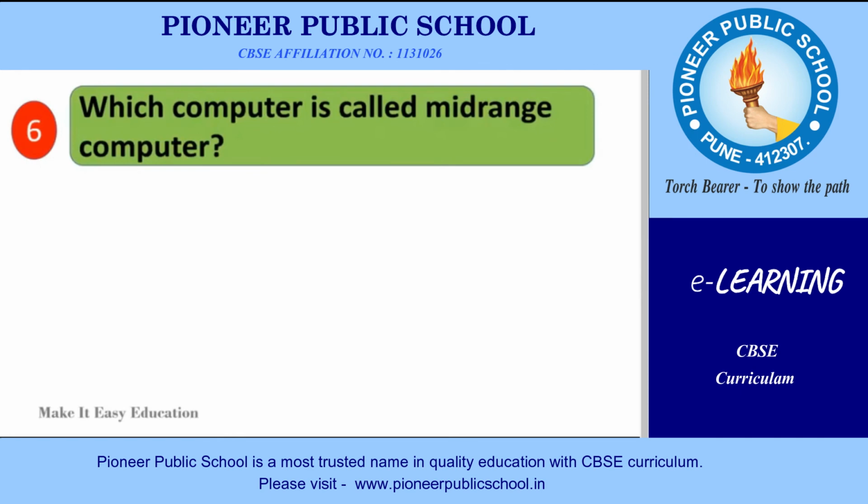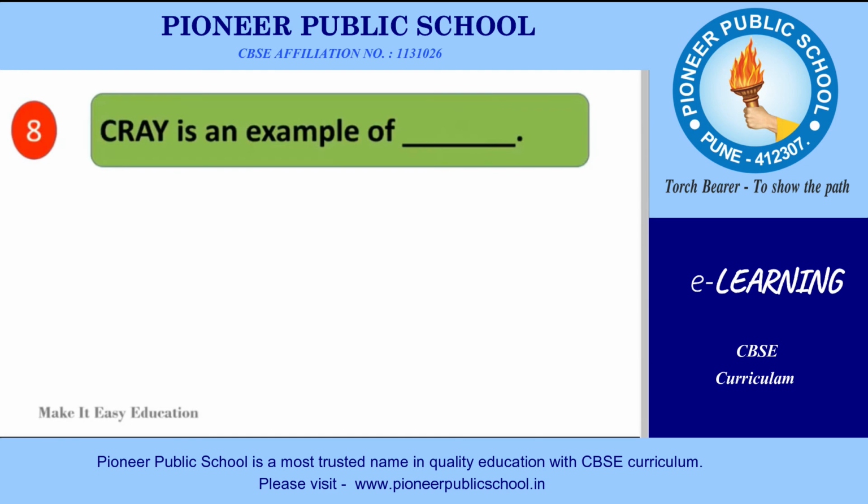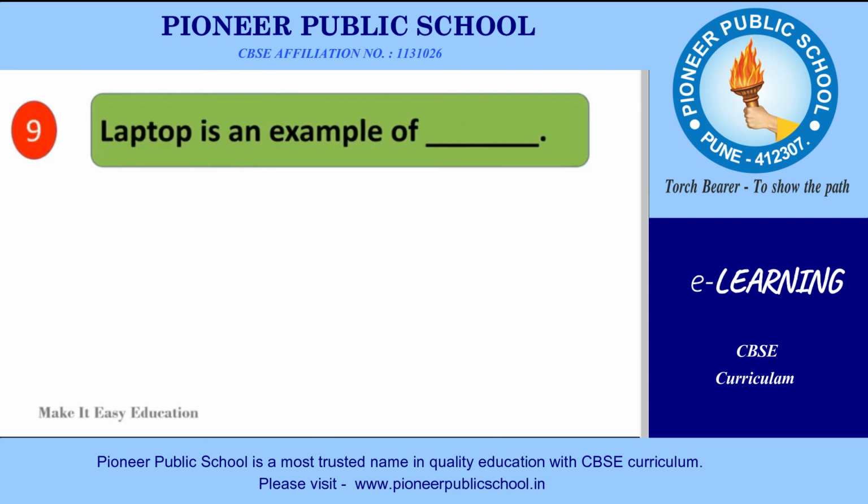Which computer is called mid-range computer? Mini computers. And which computer uses one microprocessor? Microcomputer. Cray is an example of supercomputer.